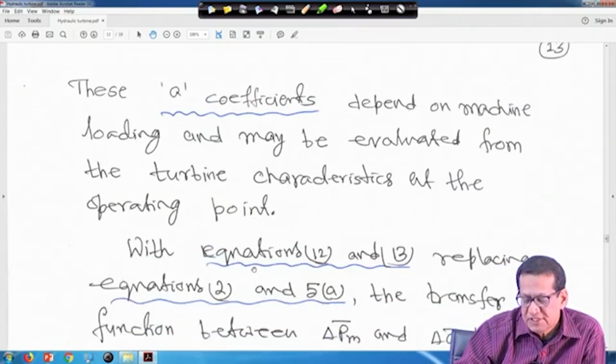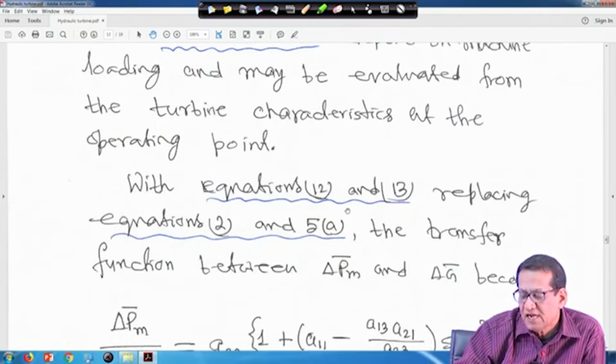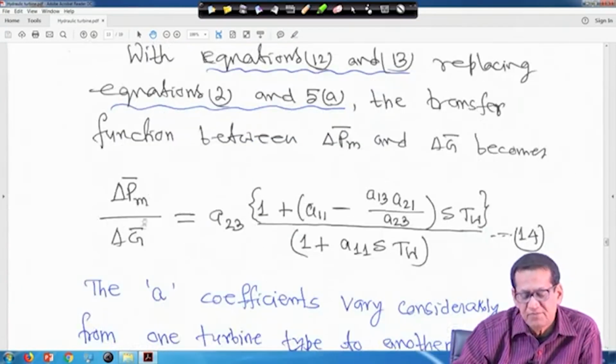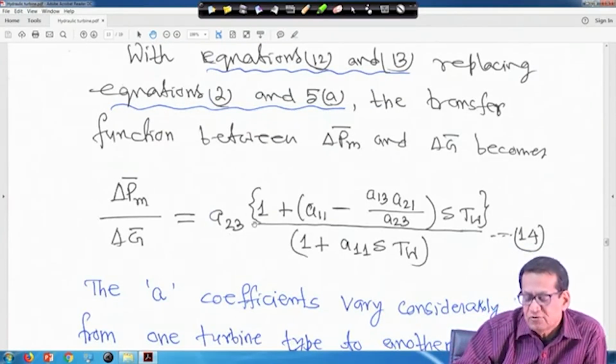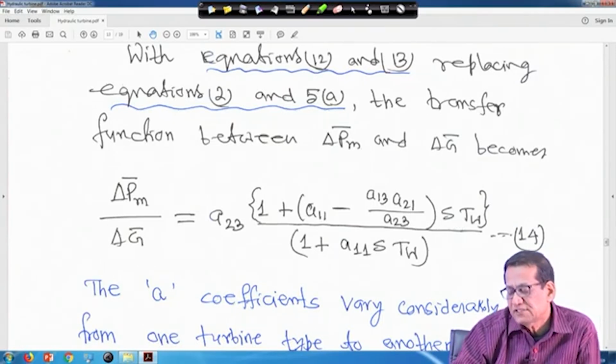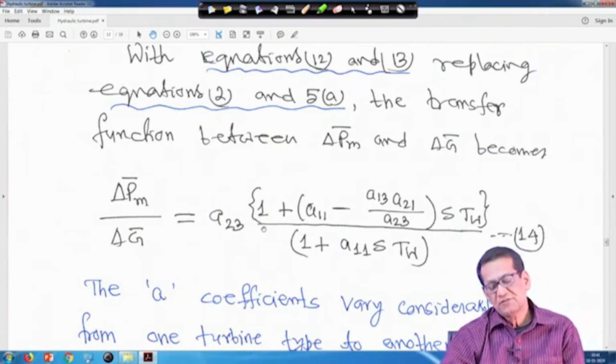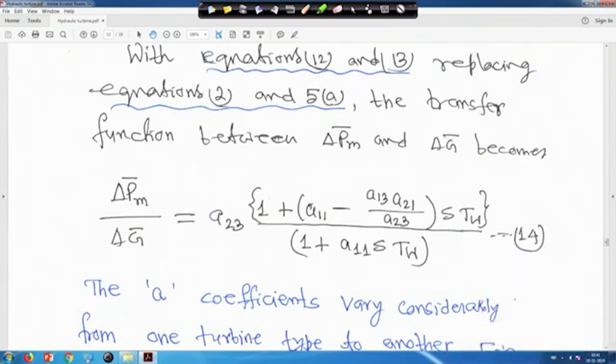With equations 12 and 13 replacing equations 2 and 5a, the transfer function between delta p m bar and delta g bar becomes delta p m bar upon delta g bar is equal to a 2 3 into 1 plus (a 1 1 minus a 1 3 a 2 1 upon a 2 3) s TW divided by 1 plus a 1 1 s TW. This is equation 14, right. So, in terms of the a coefficients, after manipulating you get this transfer function.